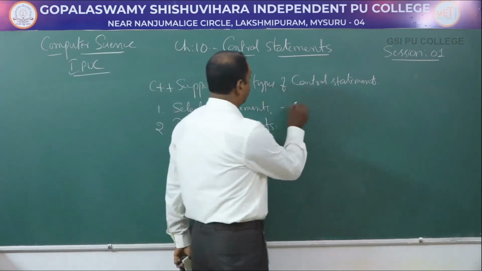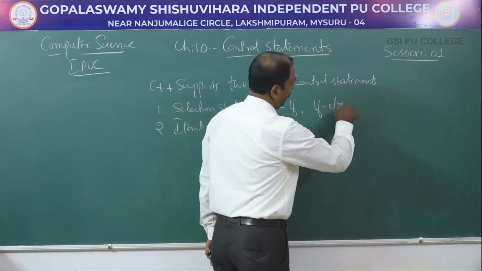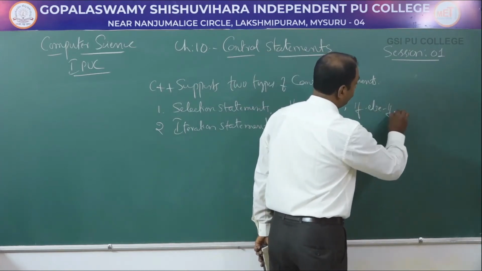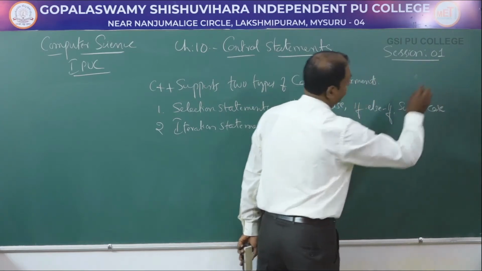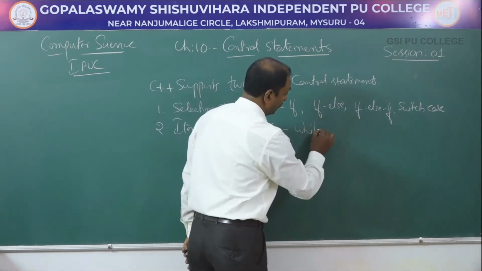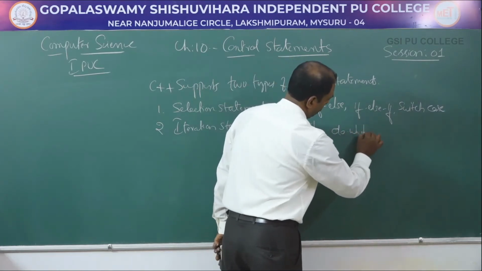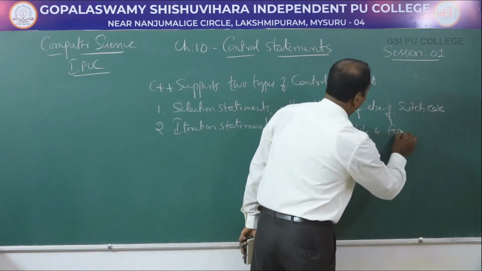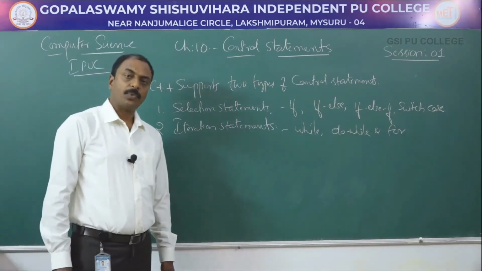You know that the selection statements are if else, if, and switch case or switch choice. And iteration statements, you know, are the looping structures: while, do while, and for. So these we are going to study and discuss with respect to programming concept here.